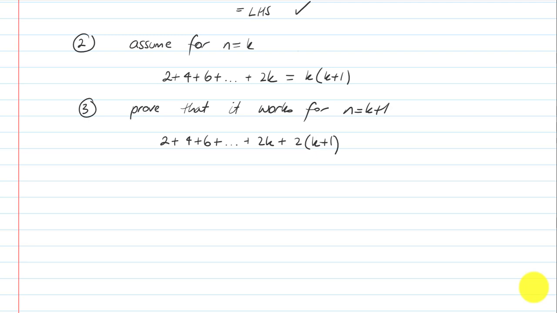So there's one additional term. We've got all of these terms up to k, but then k plus 1 adds an extra term onto that. And we want that to be equal to (k plus 1) times (k plus 1 plus 1). So it's a grossly unsimplified term there, but we've swapped all the n's for k plus 1's, and I've gone overboard with the brackets, but I really have to in this case.